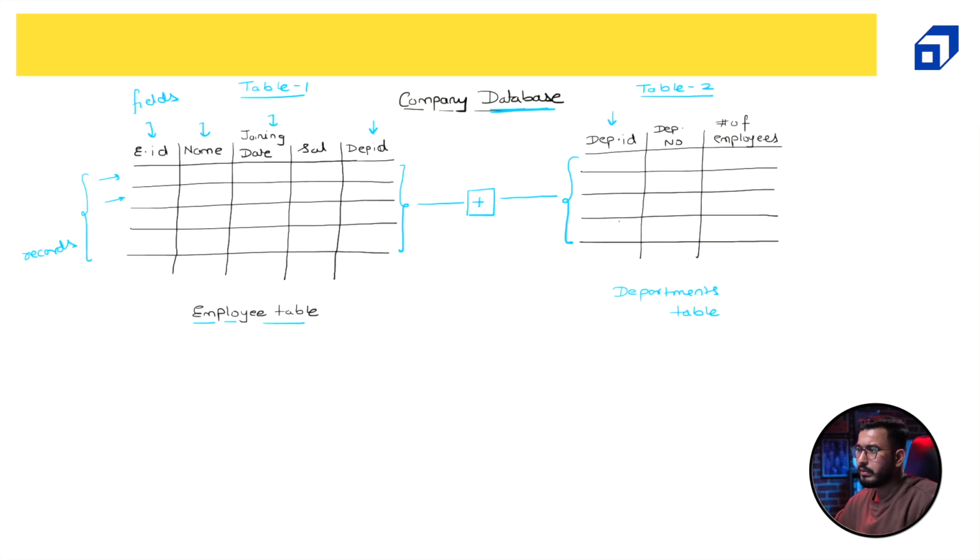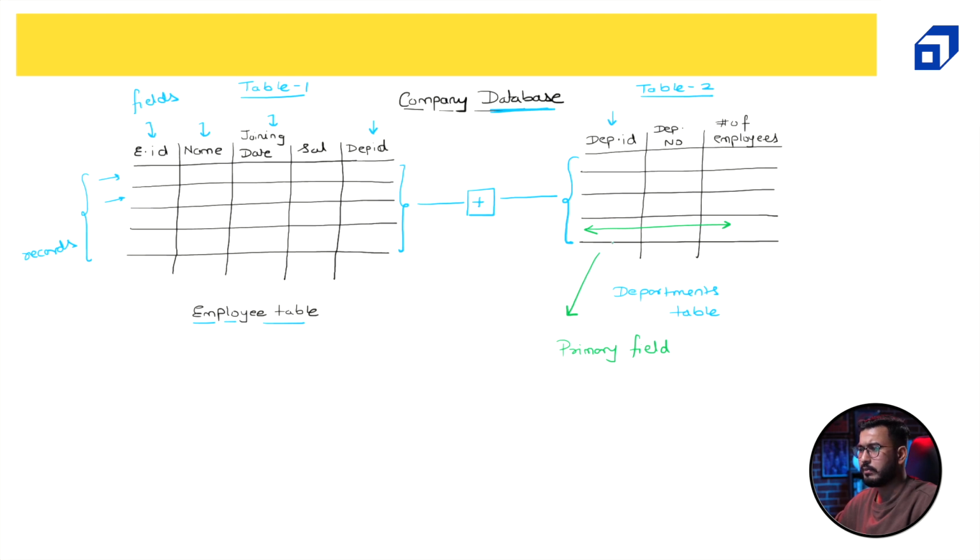Now in the departments table, this column has a very special name, or this field is known as the primary field. It is known as primary field because in order to input any record in this particular table, I need to declare the department ID.